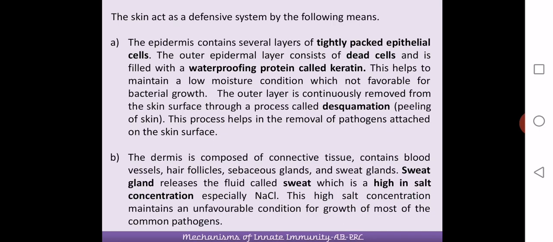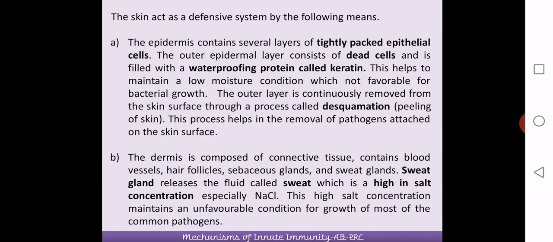Moreover, there is a mechanism called desquamation, or peeling of the skin, in which the outer dead layer of the skin is continuously shed. So even if certain organisms are deposited, during desquamation these microbes will be cleaned out. In that way, the epidermis plays a role in providing resistance.